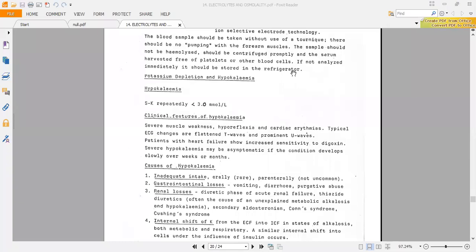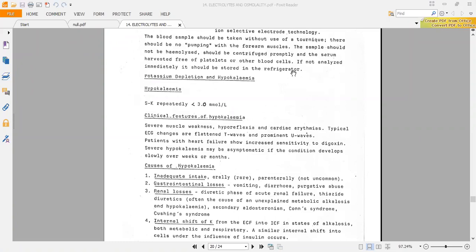Good. So now let's go to causes of hypokalemia. Hypokalemia means that the person has potassium levels less than 3 millimoles per liter. Now the clinical features of this, as I said, are going to affect tissues that require electrical activity.